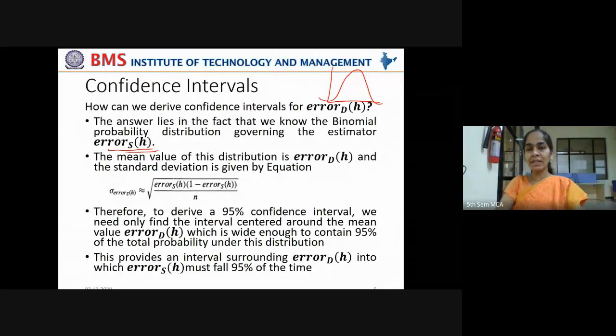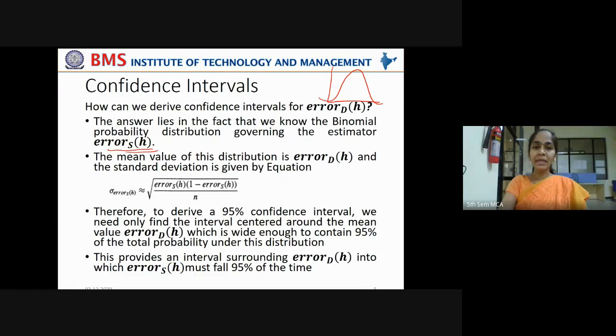And for simplicity, we have assumed that this normal distribution is approximately equal to the binomial distribution. Binomial distribution is almost following the trend of normal distribution. Okay, so we understood from this that the sample error is governed by the binomial distribution.